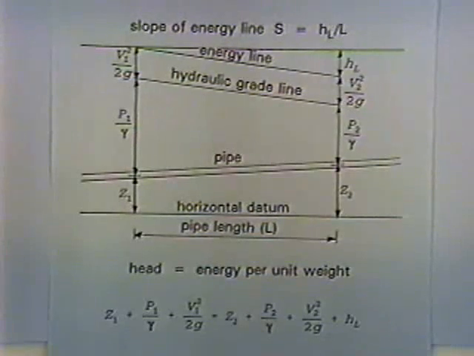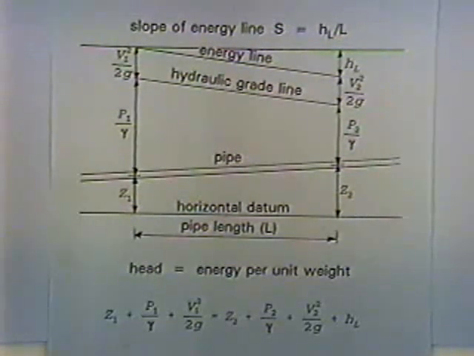And I keep calling those terms energy, and they're a representation of an energy, but if you look at them, what are the units? We're looking at either feet or meters, and so that's really head, and engineers like to work in terms of head, and what head actually is, is energy per weight. It would be foot-pounds per pound of flowing water, or Newton meters per Newton of flowing water.